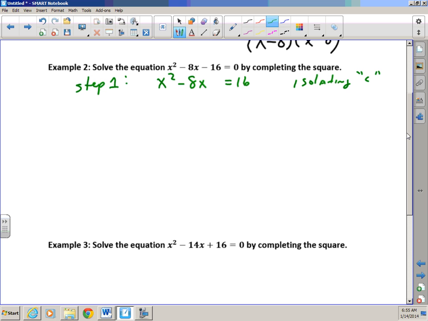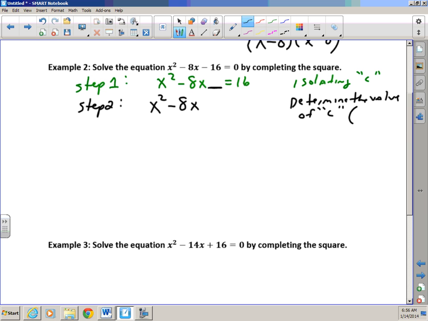So c is going to go on the other side of my equal sign. I'll put different colors here so we see the different steps. Step 2. What I want to figure out is what value is going here to make this a perfect square trinomial. Okay? Well, I want to determine the value of c by using our little formula.